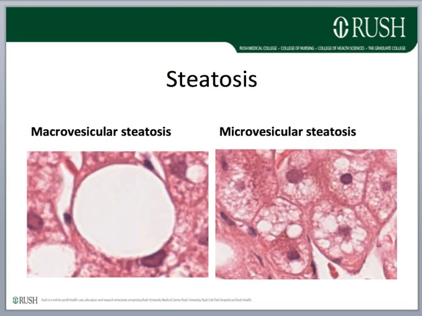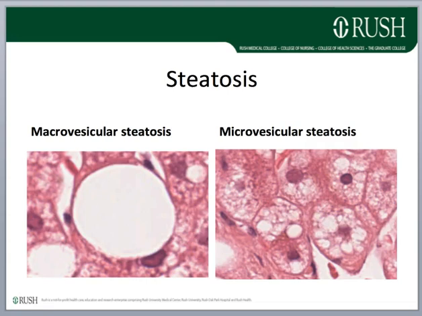So this is just a high magnification view of these two different types. In macrovesicular steatosis, you have a large single droplet of lipid that displaces the nucleus to the far periphery of the cell. Whereas in microvesicular steatosis, we have these multiple small droplets, and the nucleus is actually still centrally located.